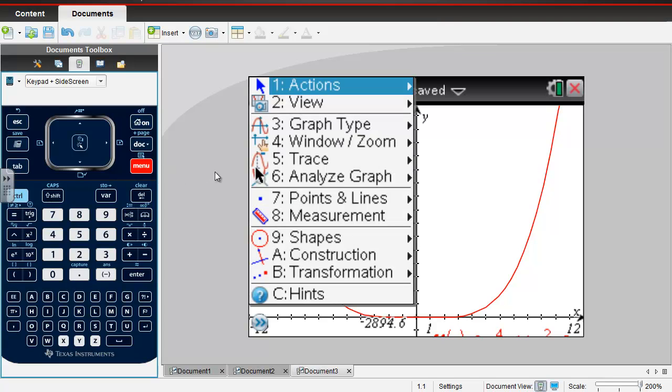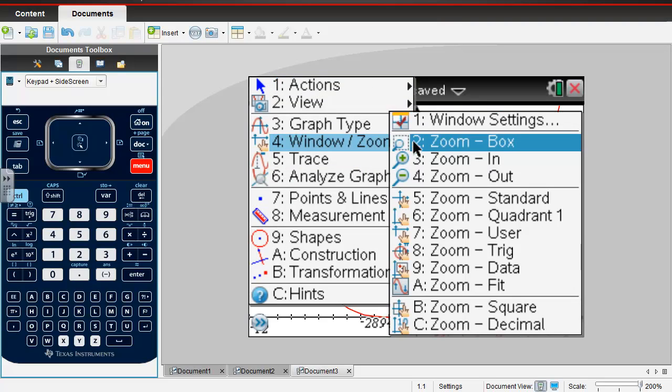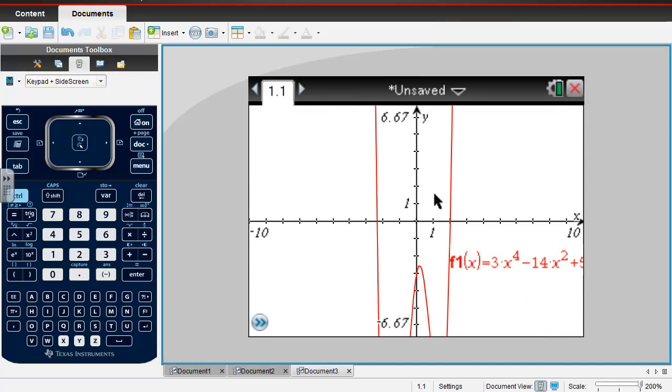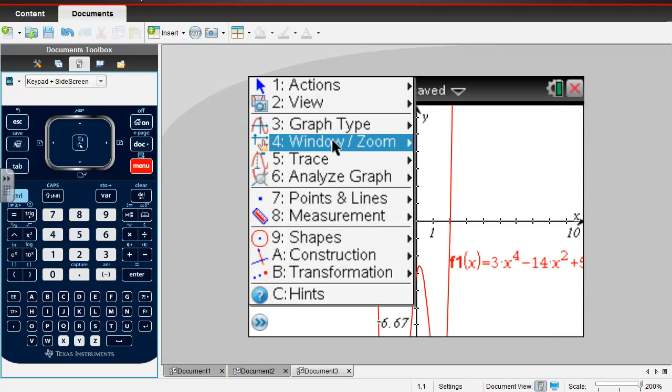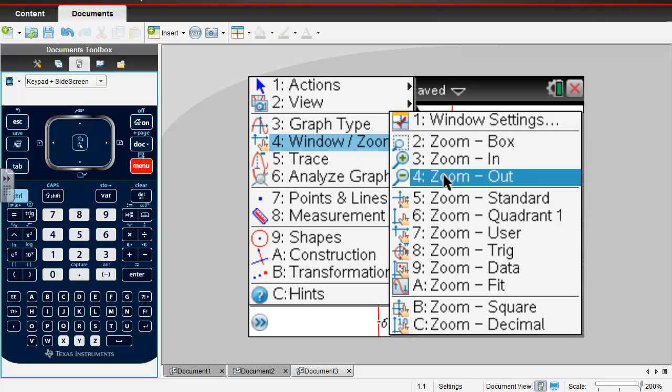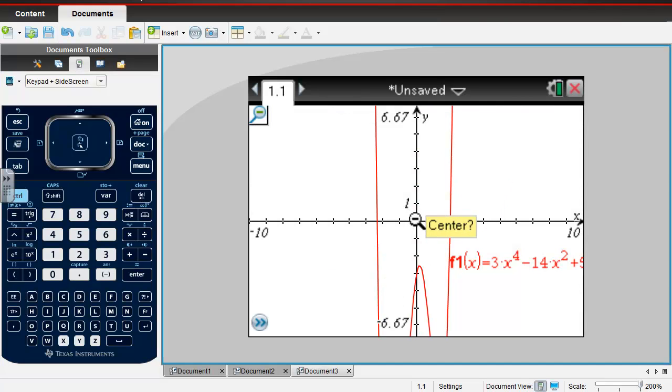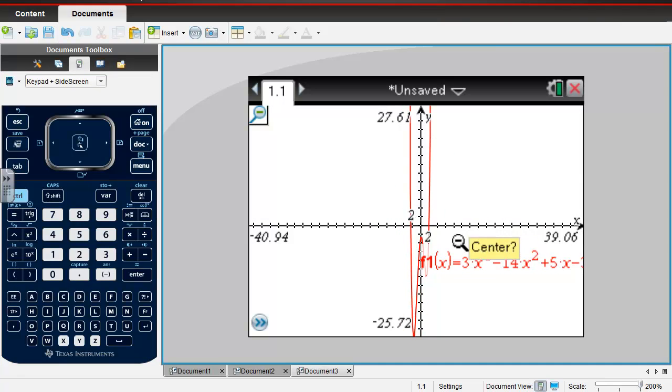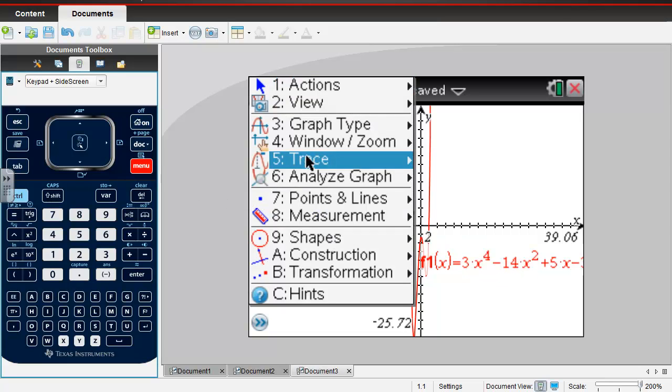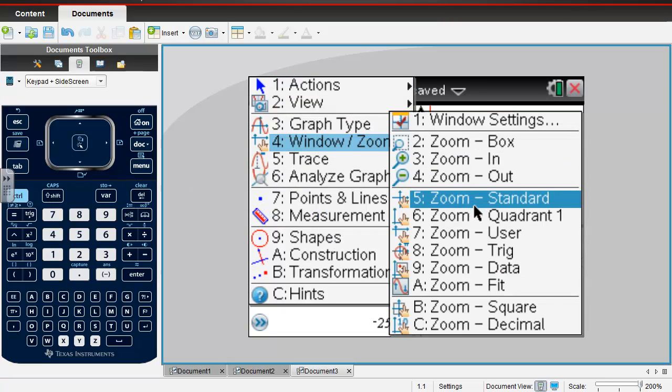So that's not very good in what we were looking to do. So I'm going to go back to our standard windows. Same thing with the zoom out. If you go menu, zoom out, and then you just say, okay, well, I'm going to zoom out here, it doesn't give me a very good window, and I can't tell a lot of what's happening. So go back to your standard window.